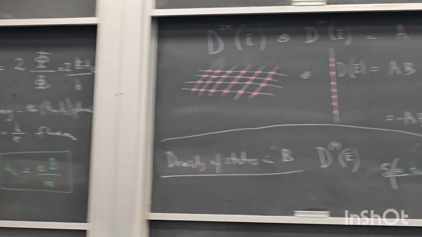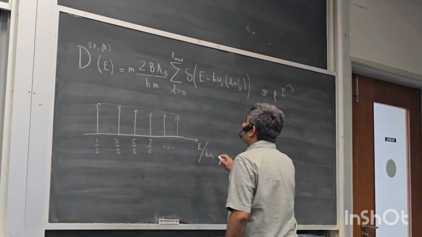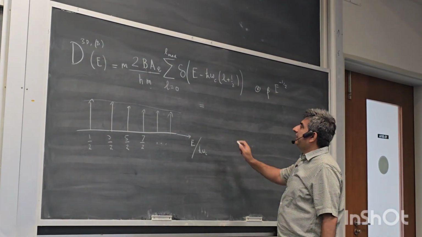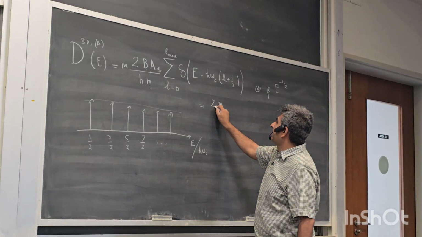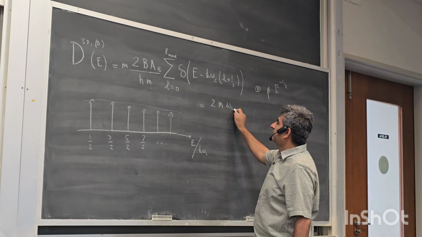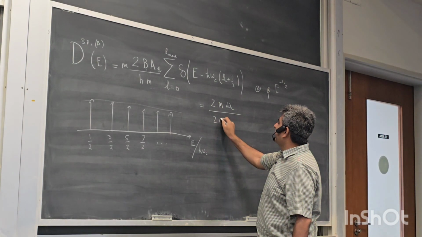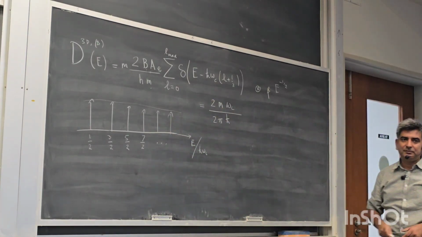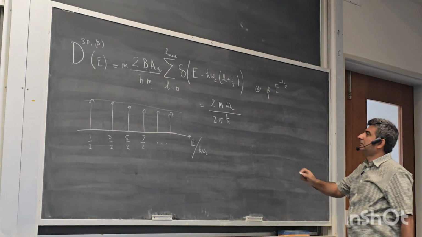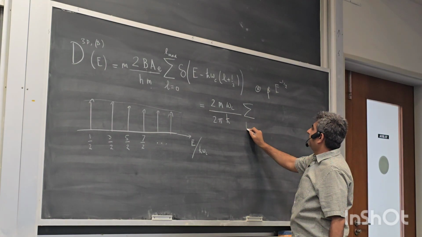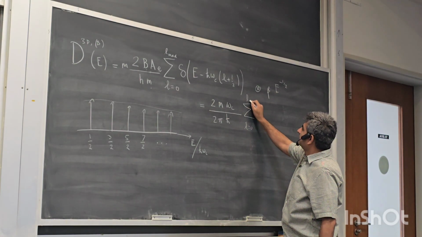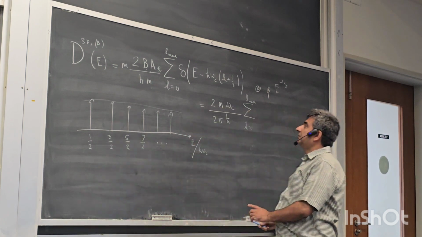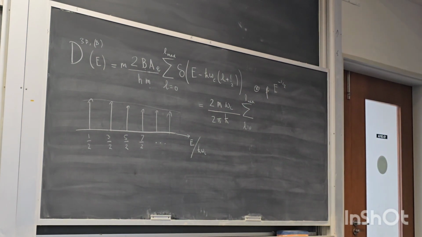Now if I want to calculate this, I can write this as m, 2m omega c, 2 pi h bar. Let me write this number in this omega c form. L goes from 0 to L max. Now let me write down the integral. The convolution is an integral, right?